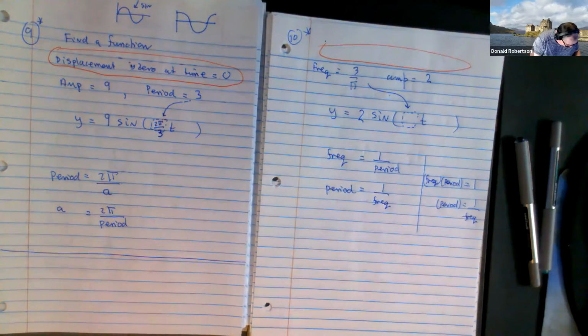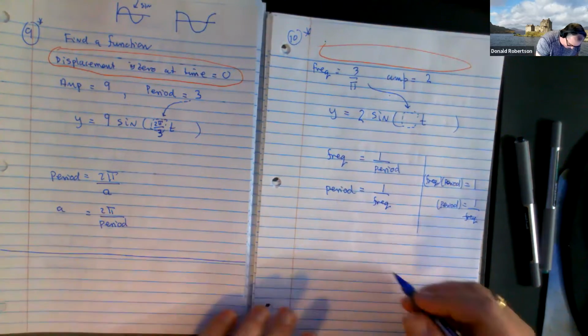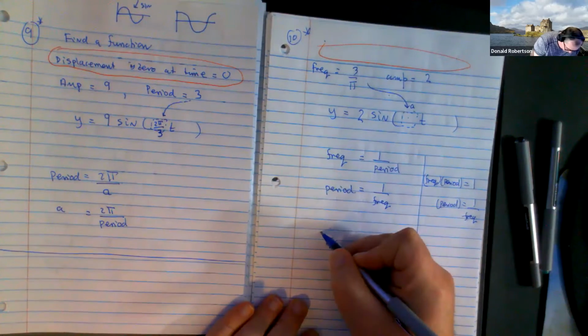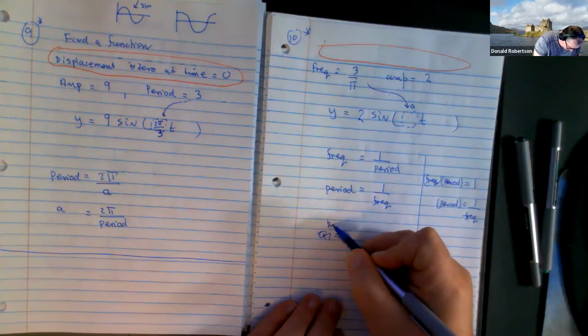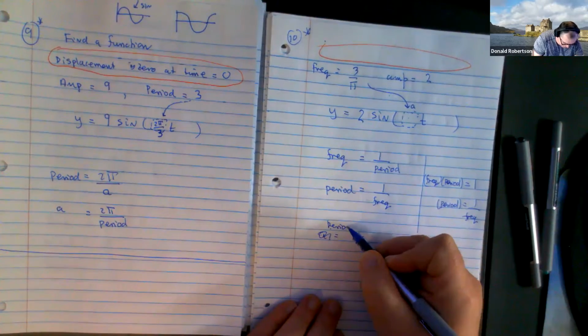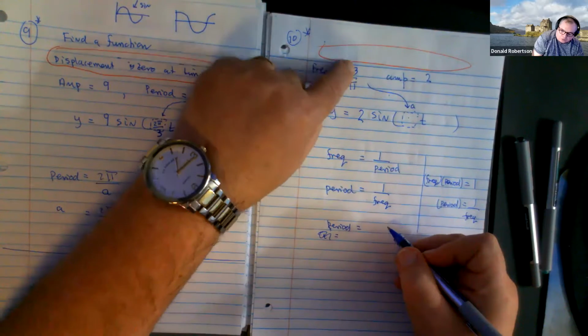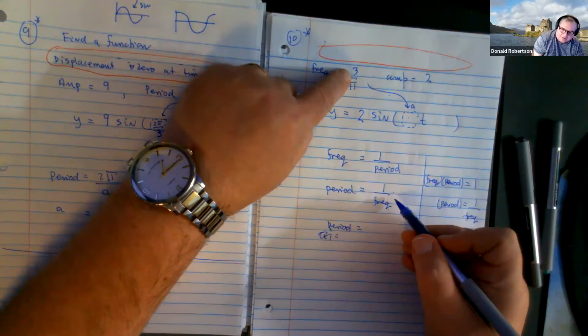Now, how do I get A? Right? A is this guy. Oh, I should put some numbers in here, shouldn't I? The period then, in this case, is 1 over that guy, 1 over the frequency. What is 1 over 3 over pi?